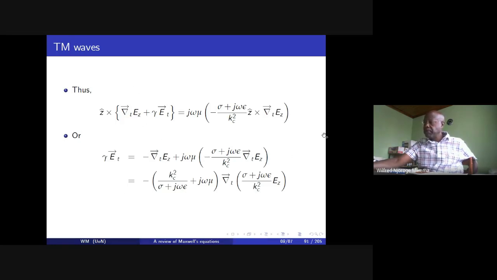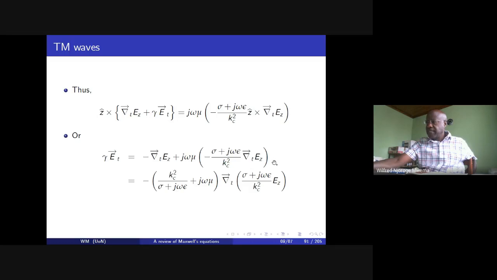Once we drop out the z cap, we are left with the transverse gradient of Ez, which we take to the other side of the equation, therefore it becomes minus, plus j omega mu into this minus value that we have here, which is just multiplying the gradient of that. And we see that that and that are the same. So what we are going to do is take this one out of the bracket.